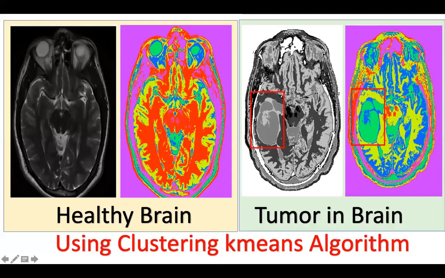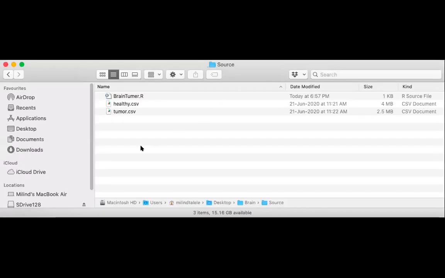So let's see what files, what data sets we will require to run this algorithm. We will be using the R language, R Studio, to write this algorithm. Let's first see what files we require.